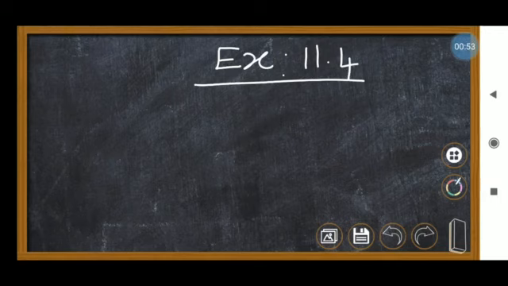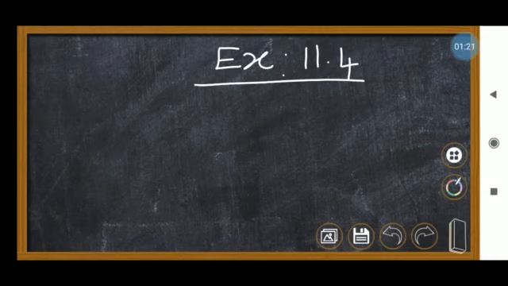And the third question: Sarita's grandfather is 6 times her age. What is the age of her grandfather? And grandmother is 2 years younger than grandfather. What is grandmother's age?